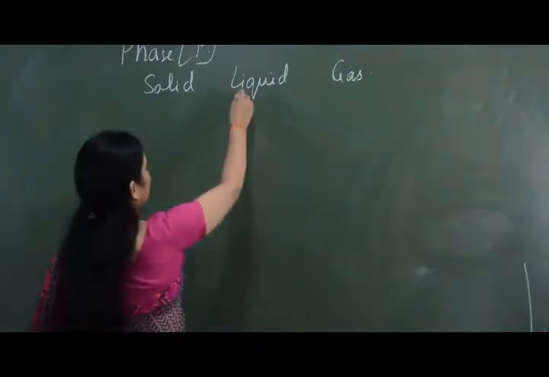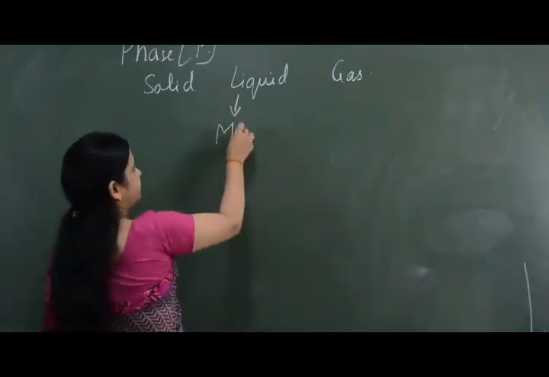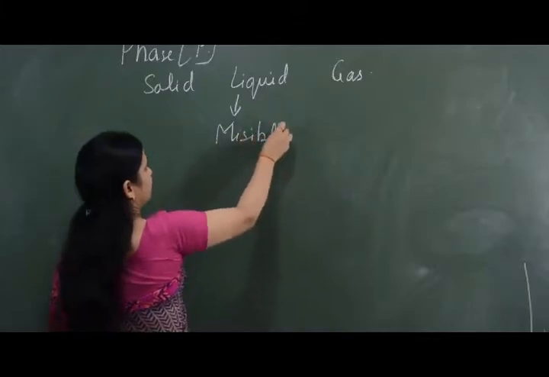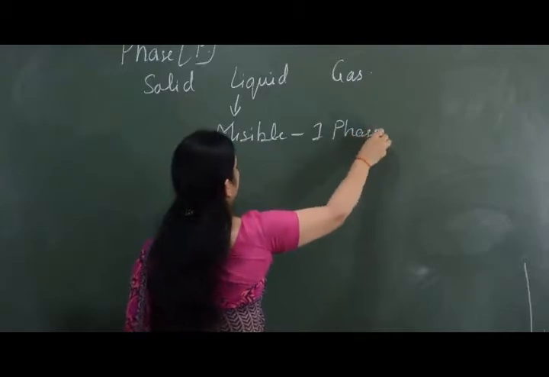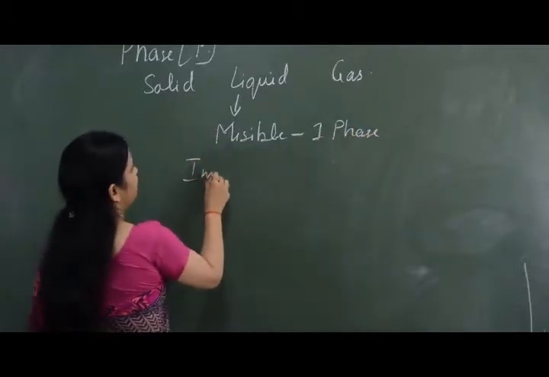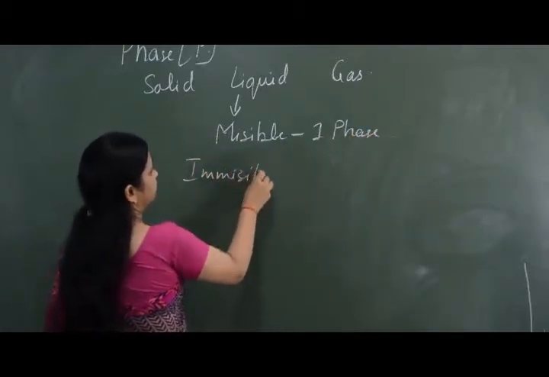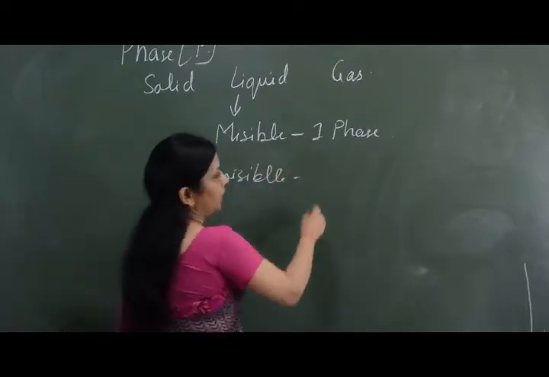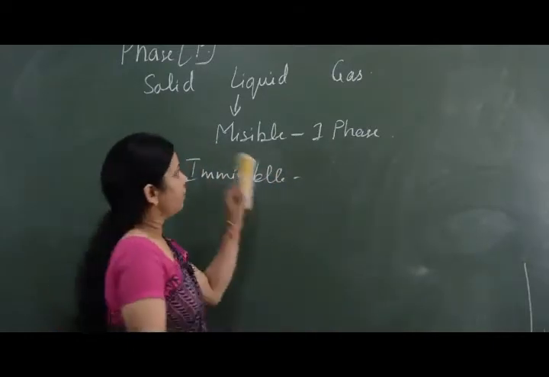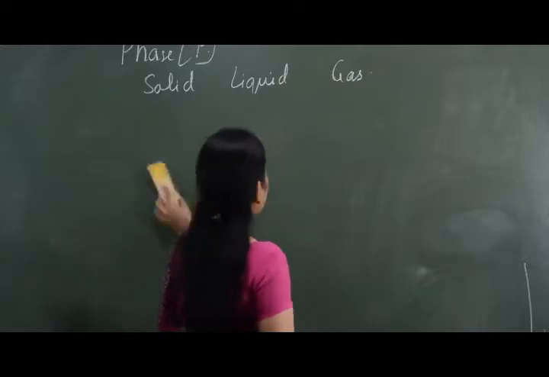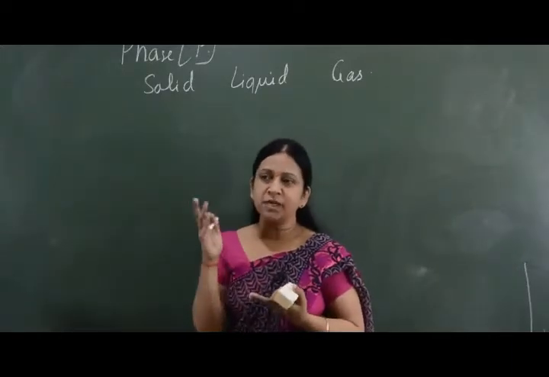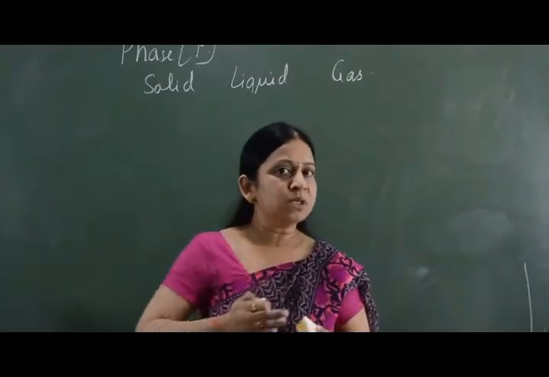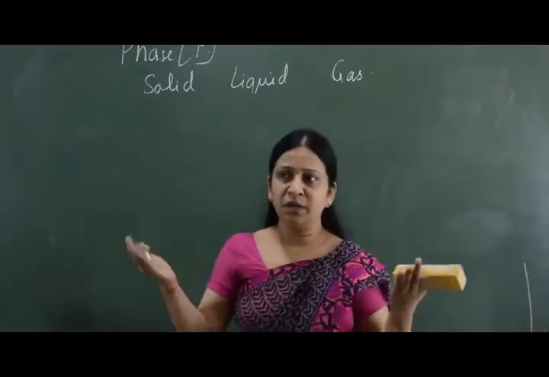So, if the liquids are miscible, then it is a one phase system, and if they are immiscible, then as many liquids, as many phases.